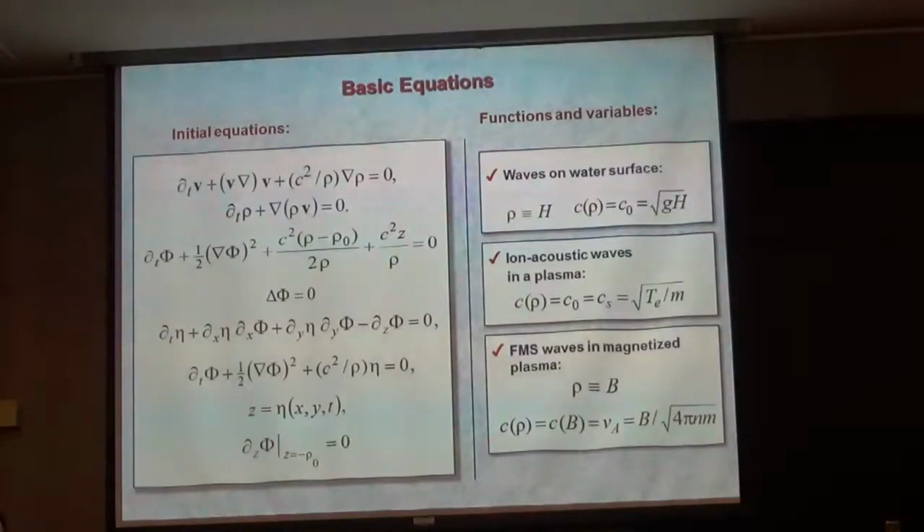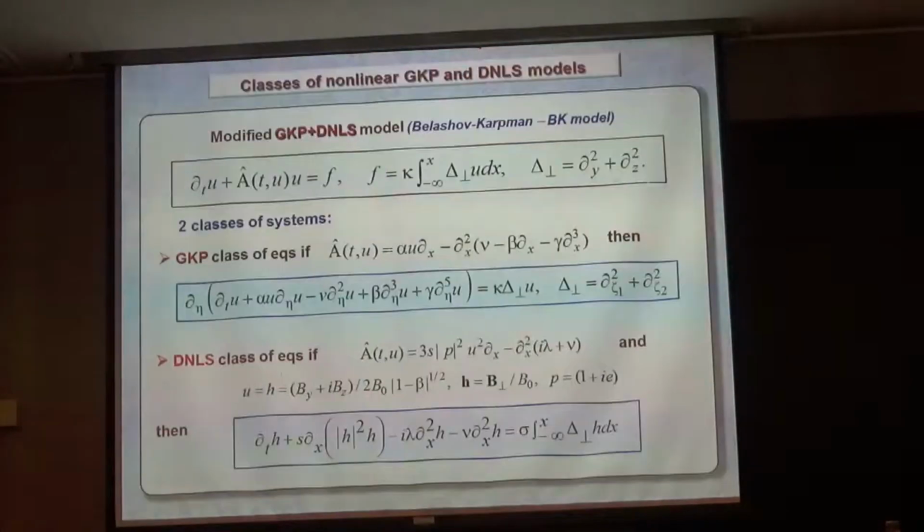From this set of equations, keeping in consideration the terms describing nonlinear, dispersive and dissipative effects with the same accuracy, we have obtained the modified GKP-DNLS equation, the so-called BK model. This model describes two classes of systems.